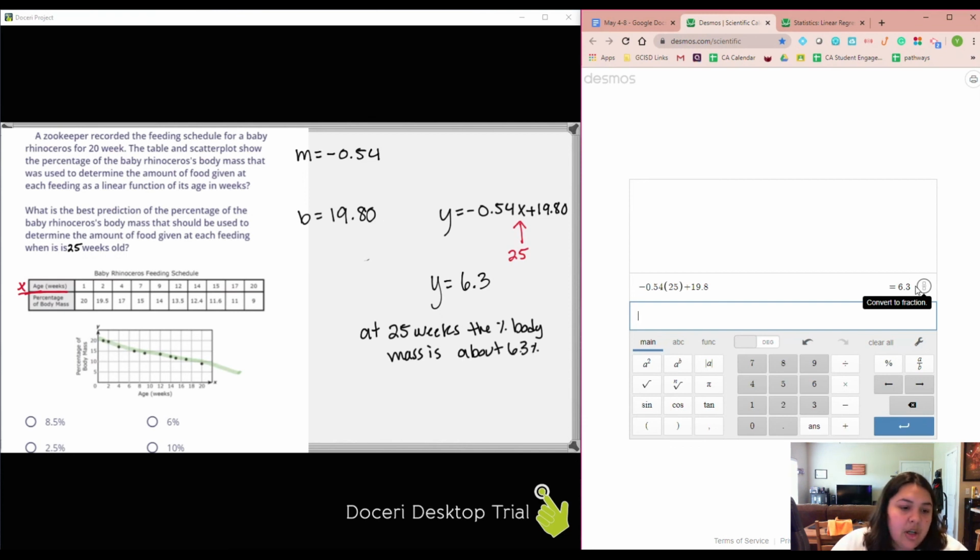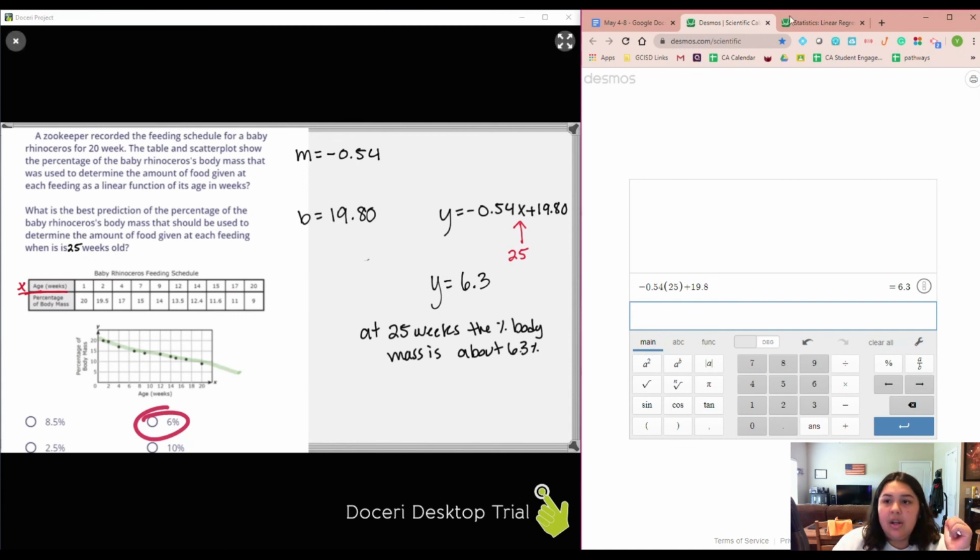Okay. So our answer choice here, we don't have 6.3, but the closest one that we have is 6%. So our answer is 6%. Okay. Remember, because it's a prediction, the line of best fit is going to be just a prediction of what that line could be based on the scatter plots that we have.